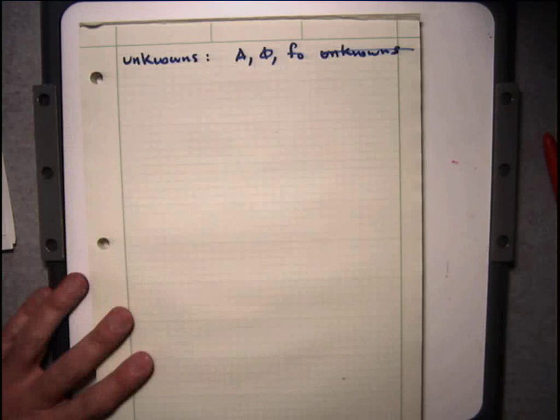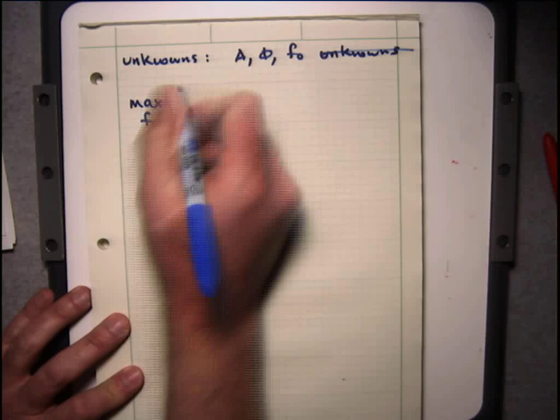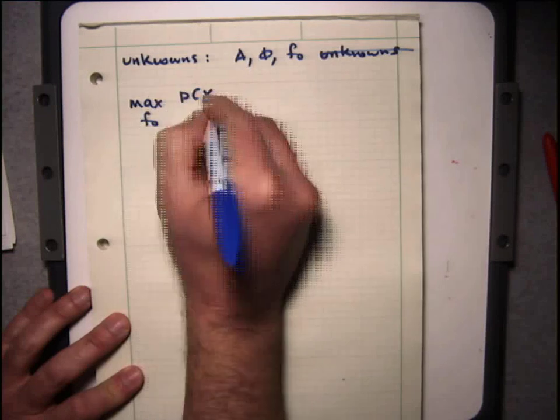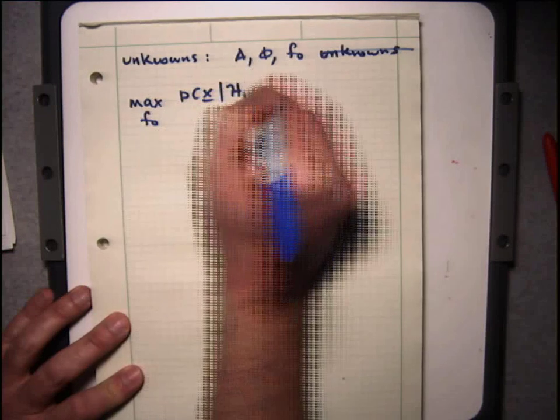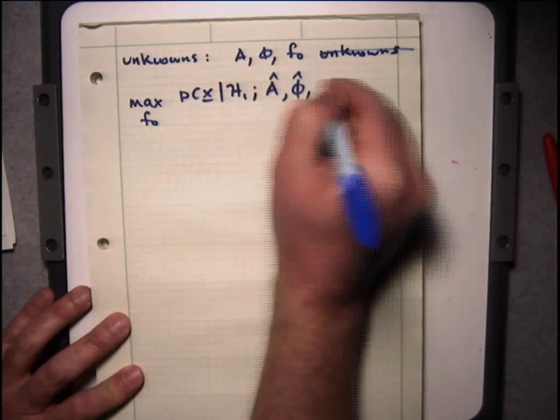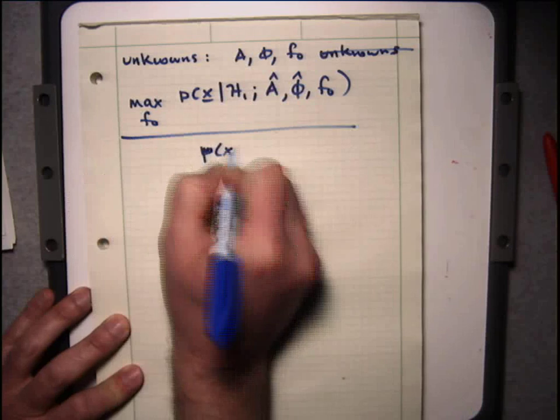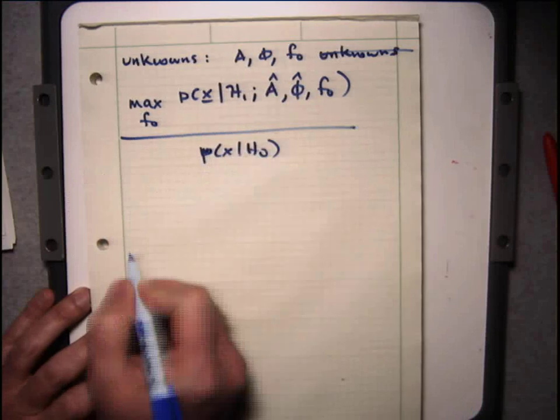Okay? So what ends up happening is you look at max over f0 of PDF of x given h1, where you plug in A hat, phi hat, and f0, divided by PDF of x given h0.